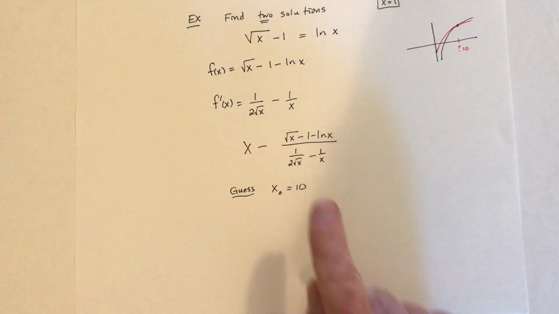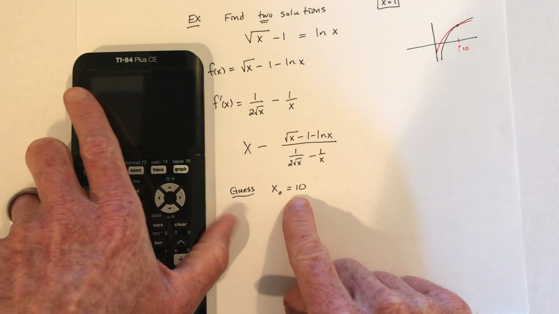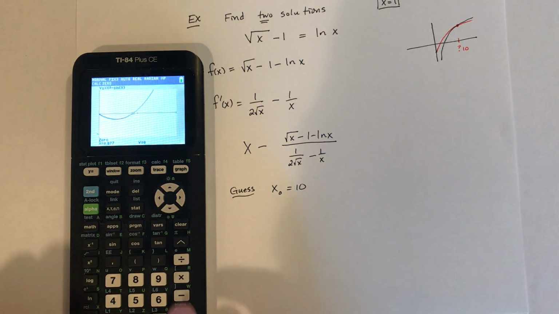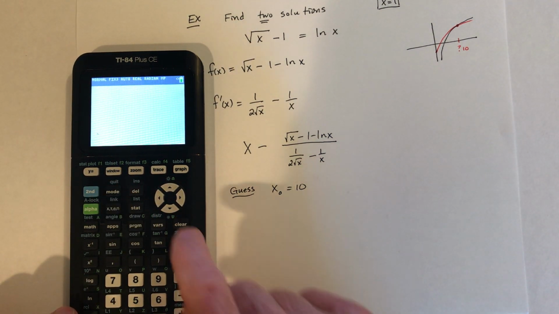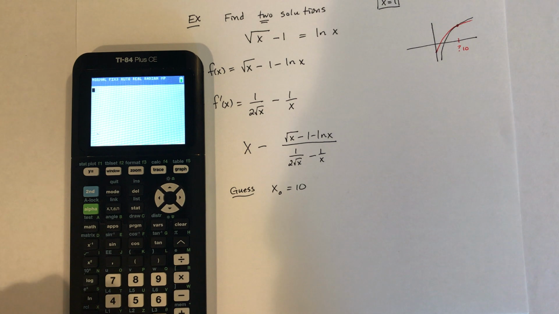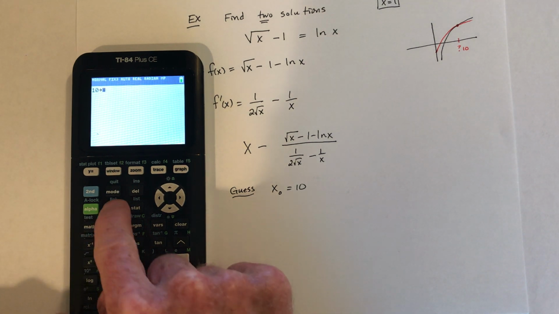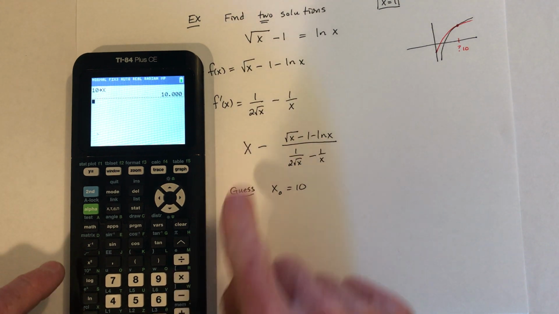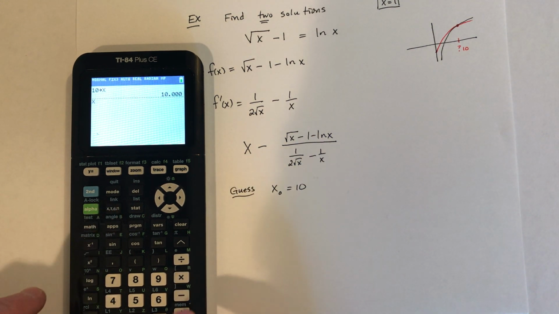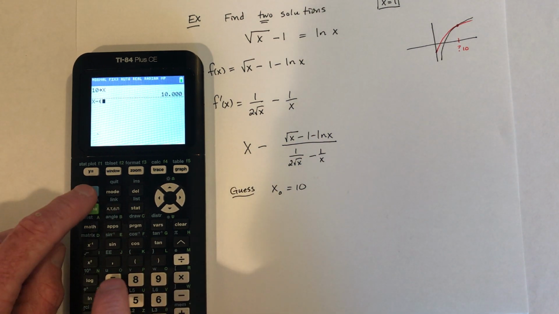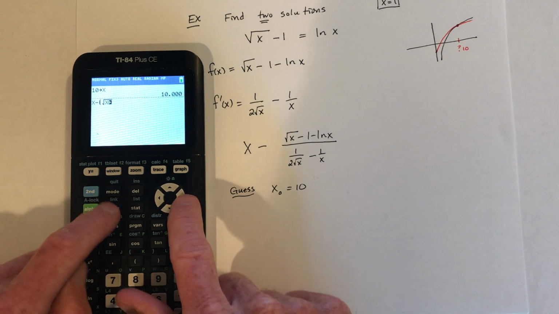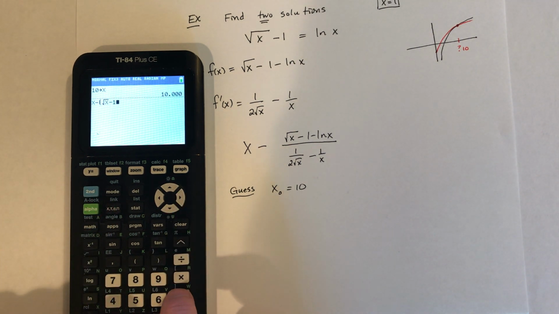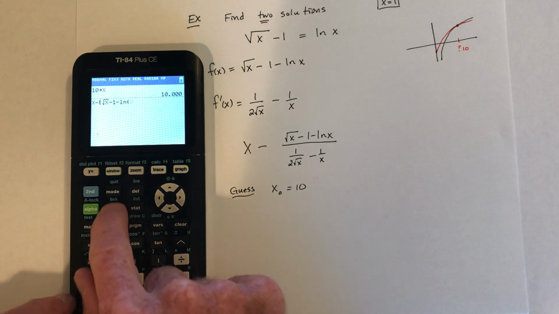Now, store that as x. So clear my mind a little bit and then go 10, store that as x, and then type this in. So it's going to be x minus parentheses the square root of x minus 1 minus the natural log of x.